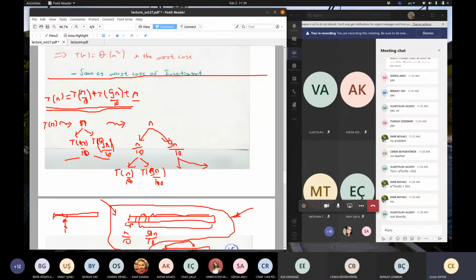The first term will be T of 9n divided by 100. What will be the second term? n will be replaced with 9n divided by 10, which means that this whole thing will be T of 81n divided by 100.